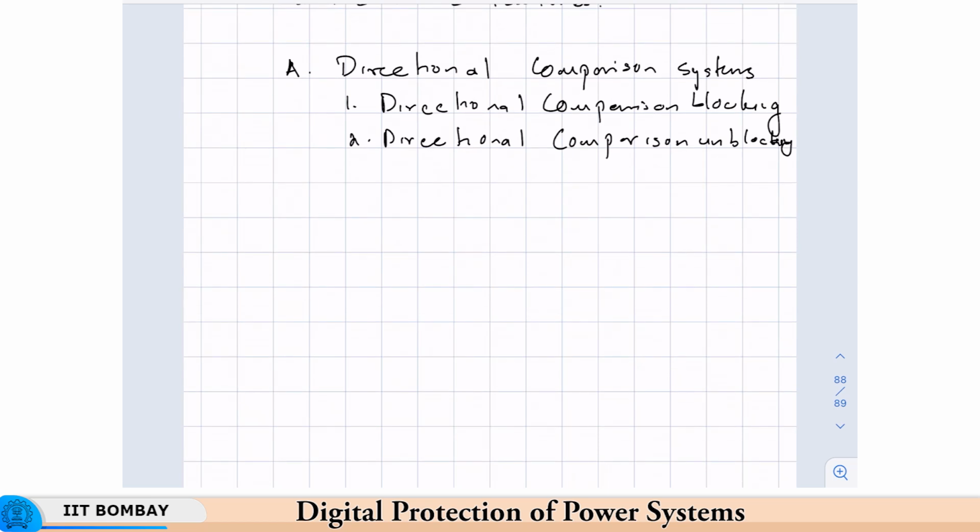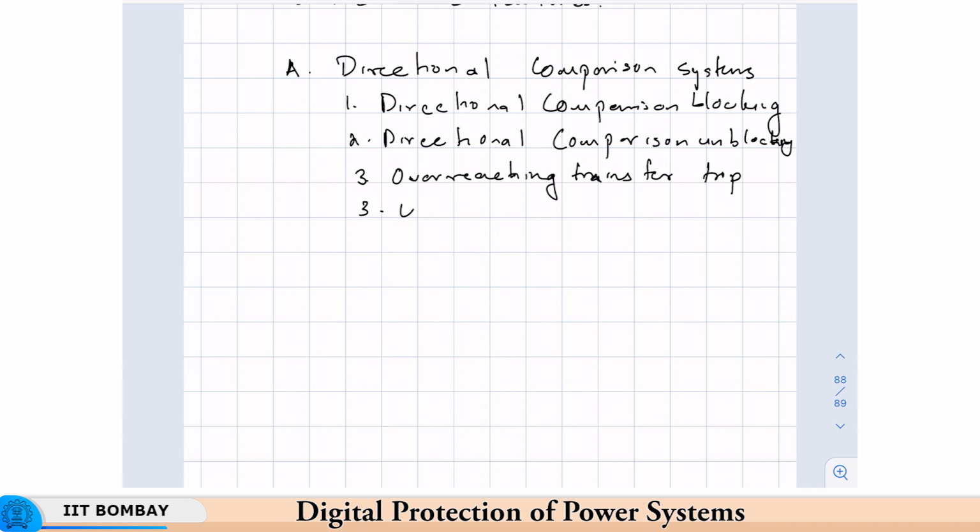These terms will become clear as we discuss the schemes today.